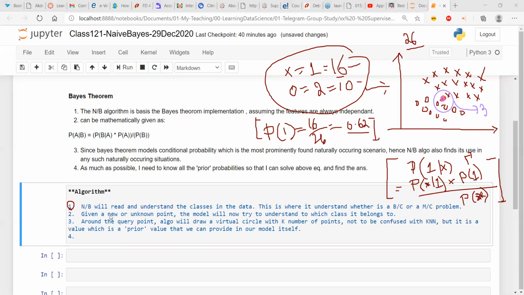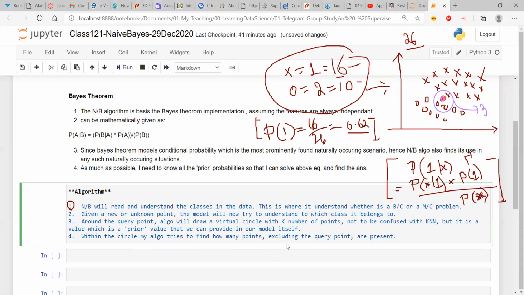Within the circle, my algo tries to find how many points, excluding the query point, excluding the test point, are present. So clearly, how many points are there inside the circle other than my point.